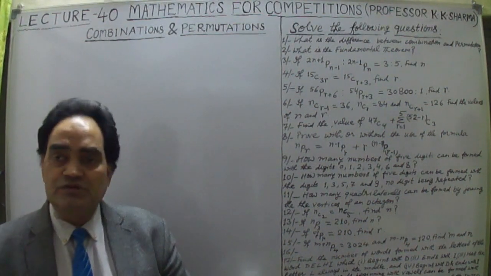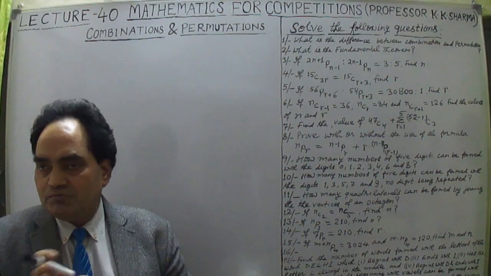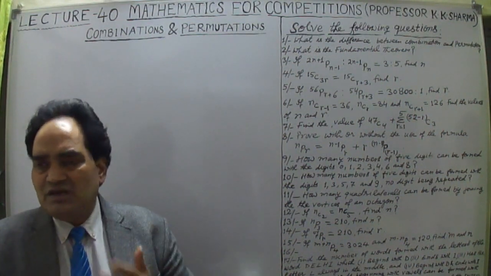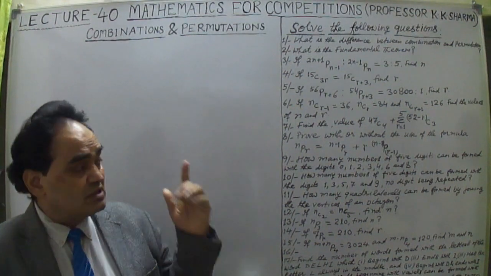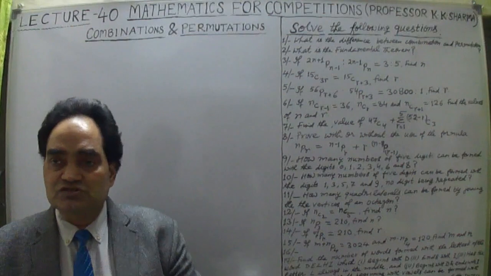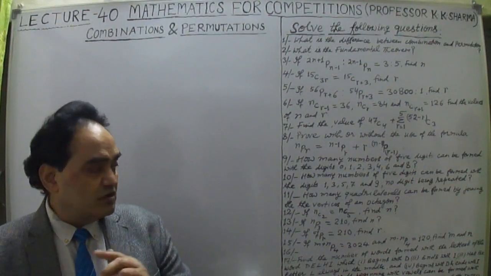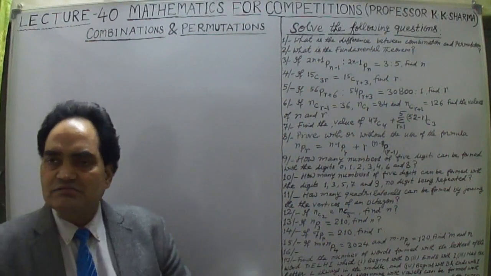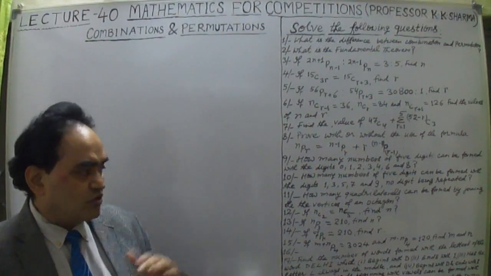Now combination and permutations are the two types of selection or arrangement, let me clarify. And after that we will take these questions, which are very important to illustrate this topic in a very vivid manner, in a broad manner.